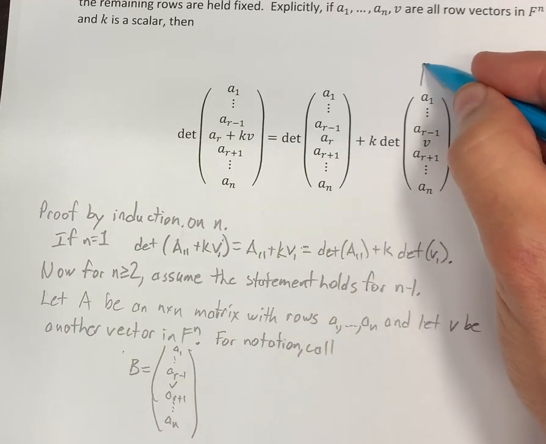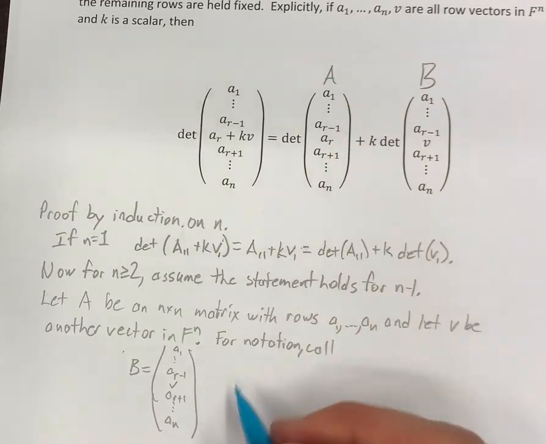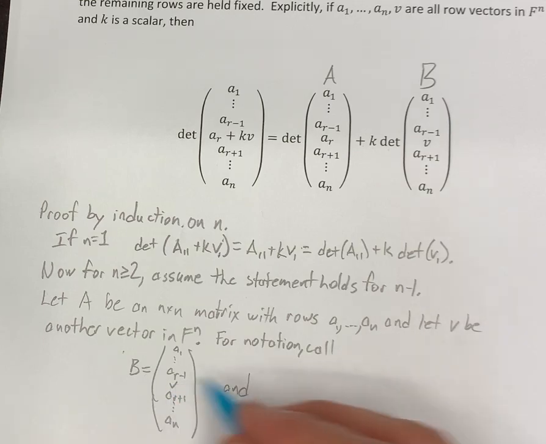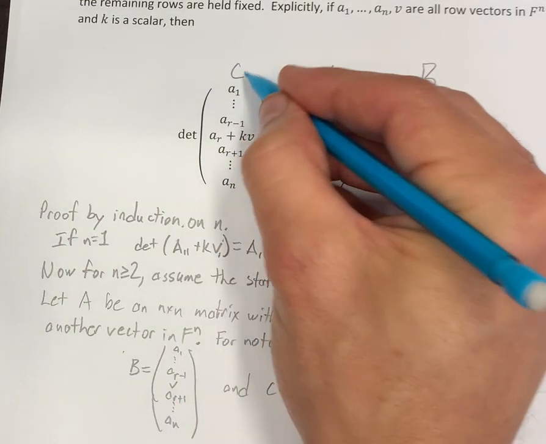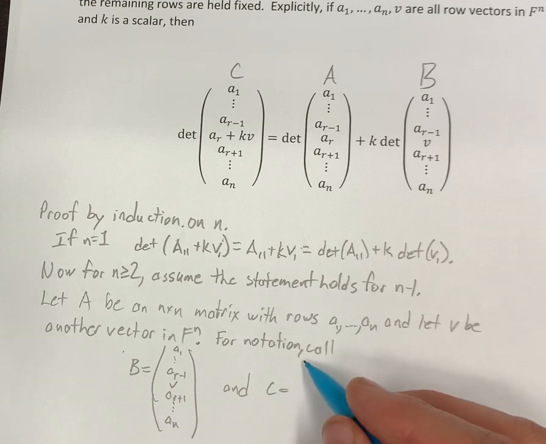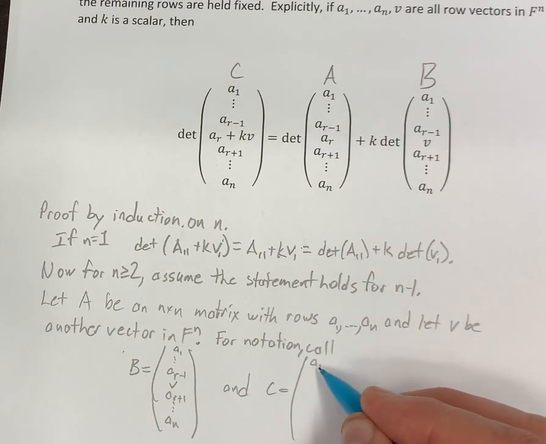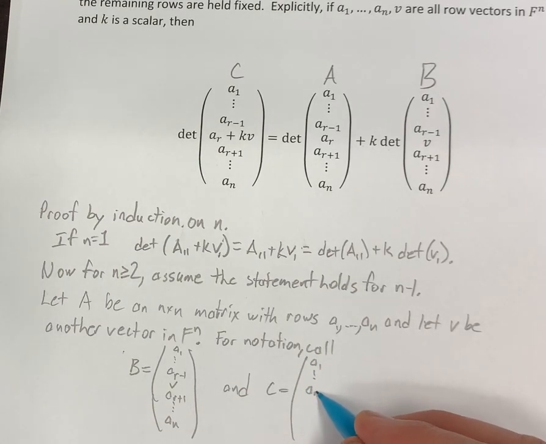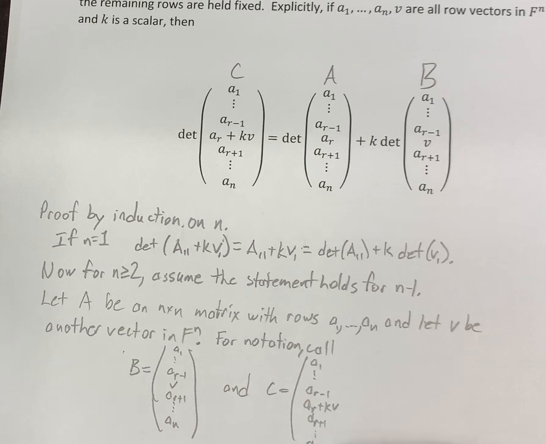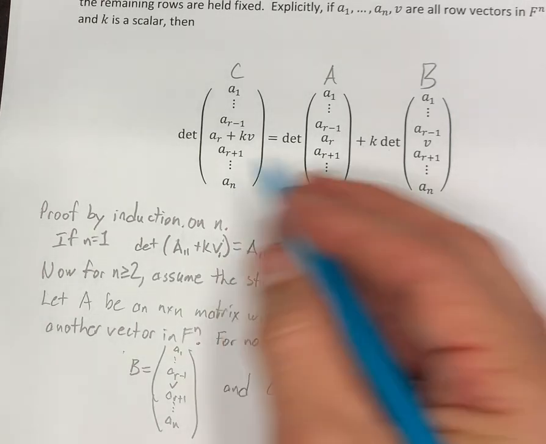So this is B, this is A. And we're going to say C is just defined to be the matrix with rows a1 through a(r-1), ar plus kv, a(r+1), through an. It'll just shorten up our proof a little bit, having shorthand for these.